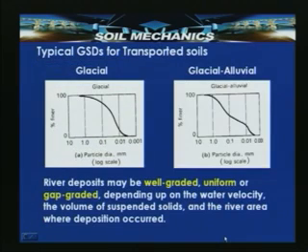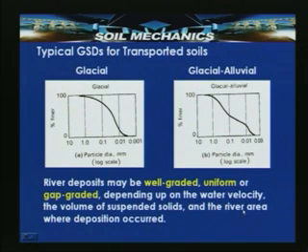Let us consider a typical grain size distribution curve for transported soils. Here, grain size distribution curves for a glacial soil and a glacial alluvial soil can be seen. River deposits may be well graded, uniform or gap graded depending upon the water velocity with which the particles are being drifted, the volume of the suspended solids, and the river area where the deposition occurred.